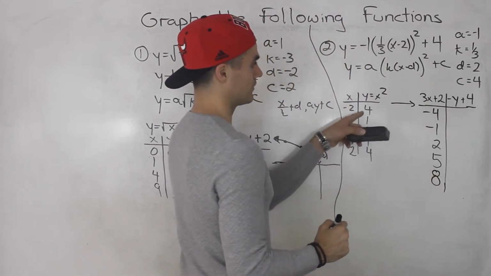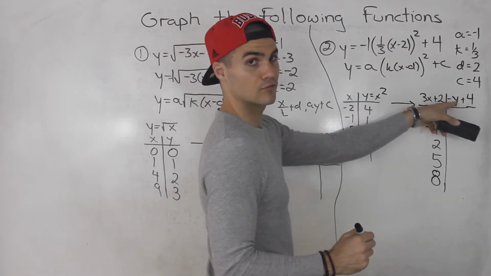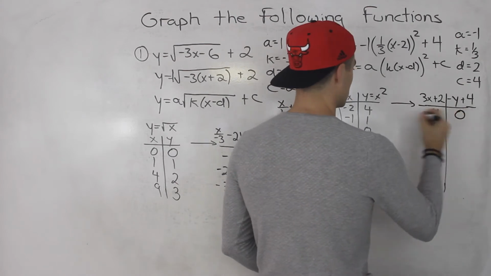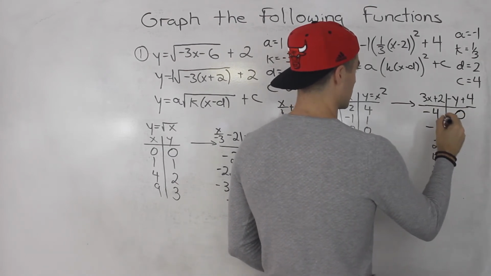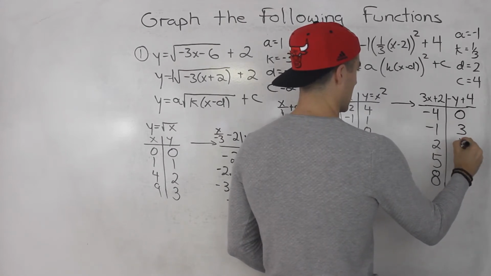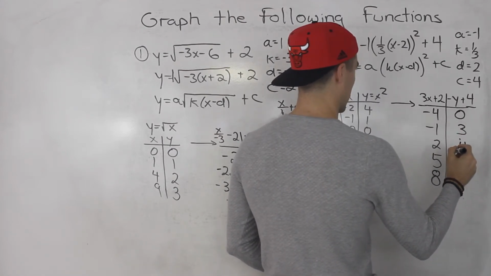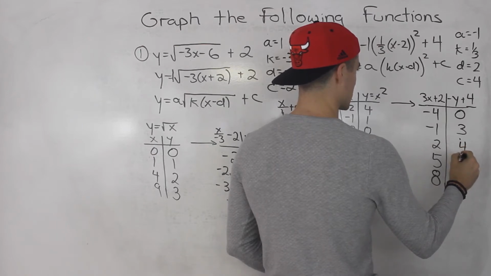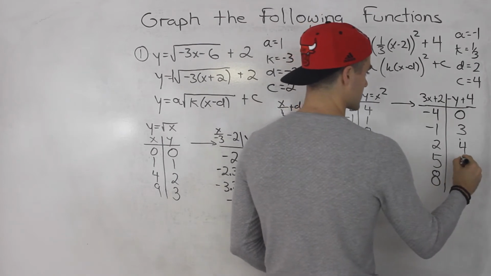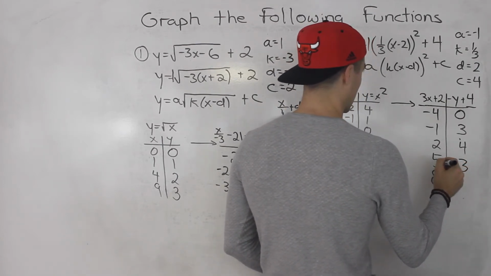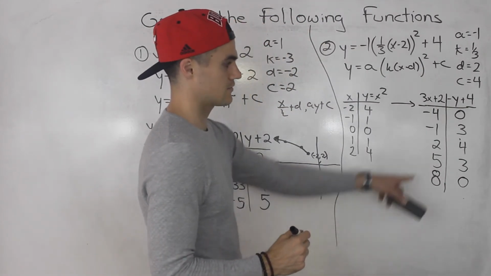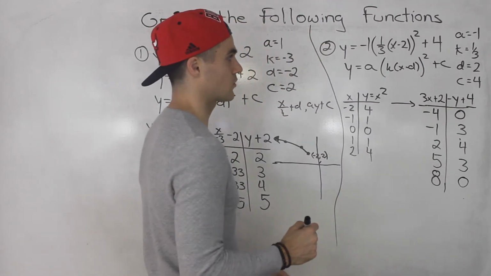And then the y values, we're just multiplying them by negative 1 and adding 4. So 4 times negative 1 is negative 4, plus 4 gives us 0. 1 times negative is negative 1, plus 4 gives us 3. This will be 4. Then negative 1 plus 4 gives us 3 again. And then negative 4 plus 4 gives us 0. So these are the transformed points.